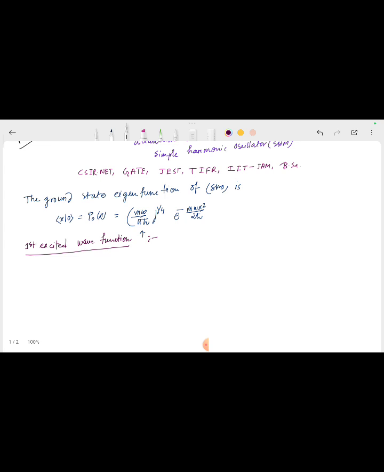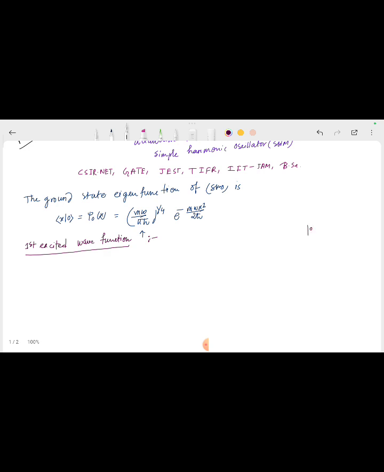We already know that in the harmonic oscillator, if we have the ground state wave function and we want the first excited state, we apply the raising operator.